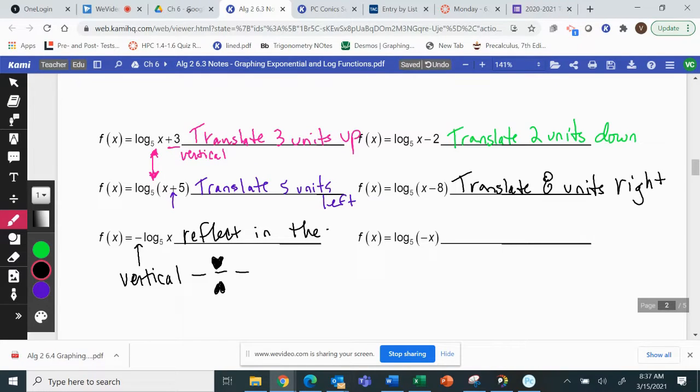The x-axis, good. So that means this one over here, when the negative is with the x, that's the horizontal. And that's going to be a reflection in the y-axis.